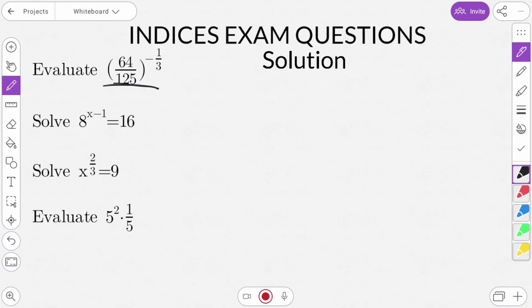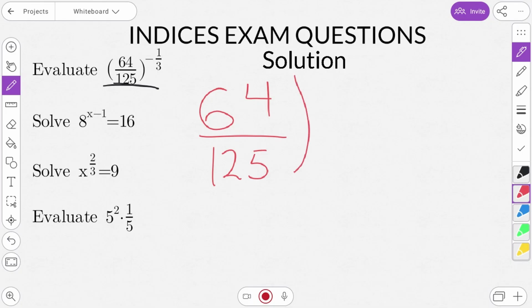Okay, so the first question is 64 over 125, in brackets, all raised to an exponent of negative 1 over 3. Let's write it on the board. Negative 1 over 3 as the exponent. With this question, there is this negative here.